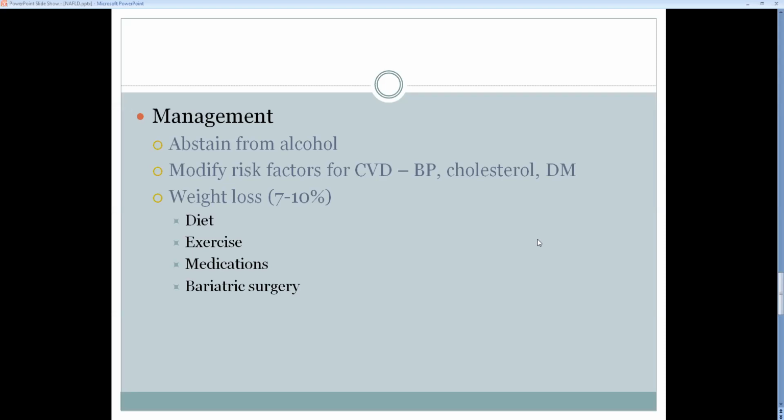Those who cannot, we have certainly advised bariatric surgery in some of these patients, and I don't use it very often, and it's not something that we frequently use, but we will sometimes look at anti-obesity medications as well.